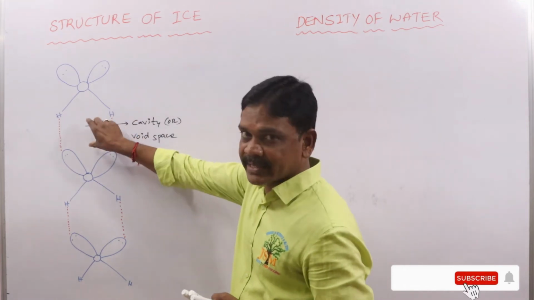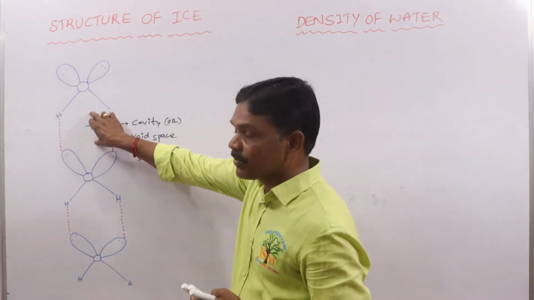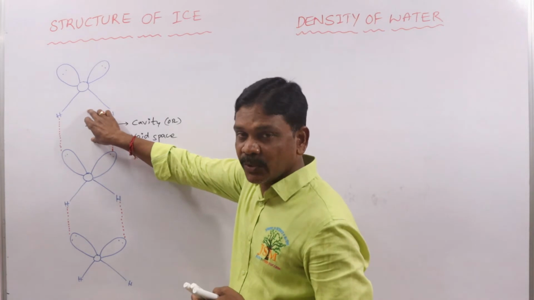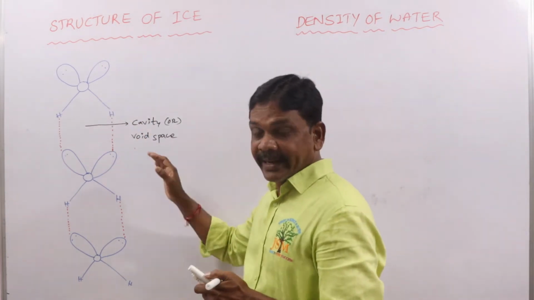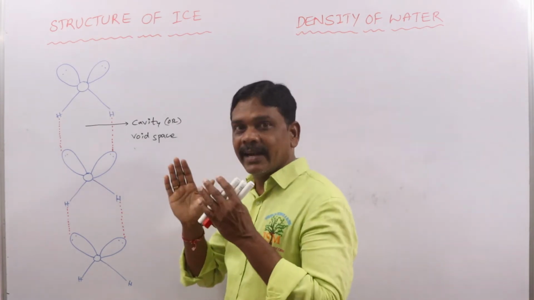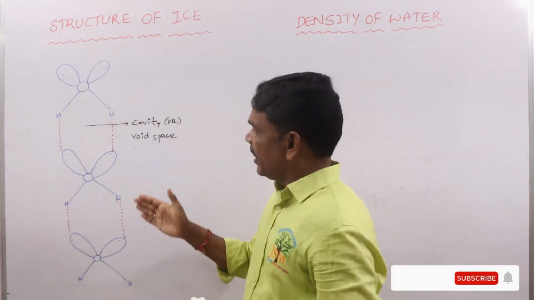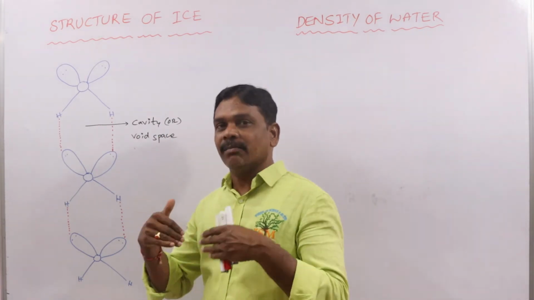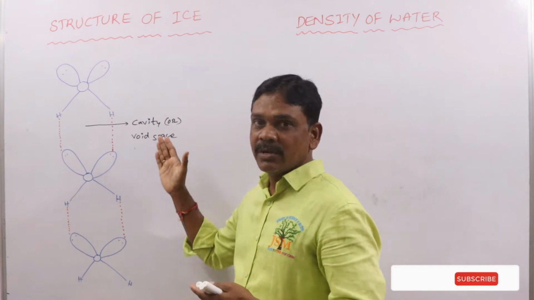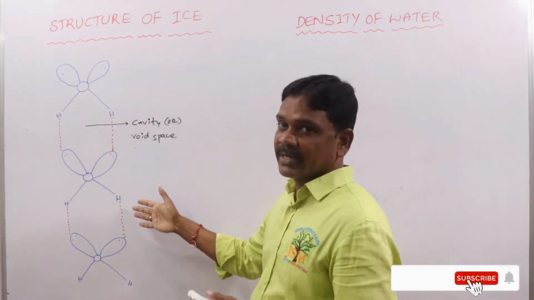Air gets filled in this empty space or void. Due to this, the density of ice is less when compared to water, and the volume of ice is more when compared to water.